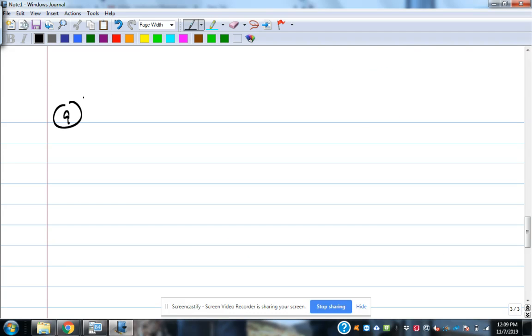Number 9. Negative 36 m to the 4th n to the 7th over 12 m to the 8th n to the 5th.